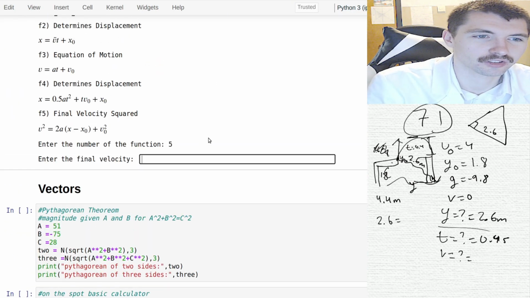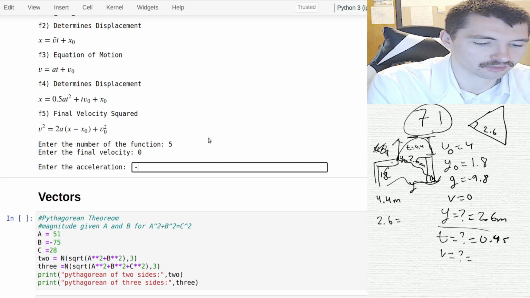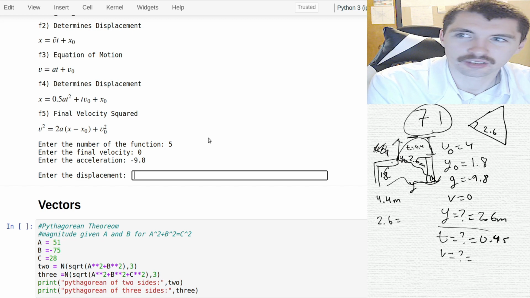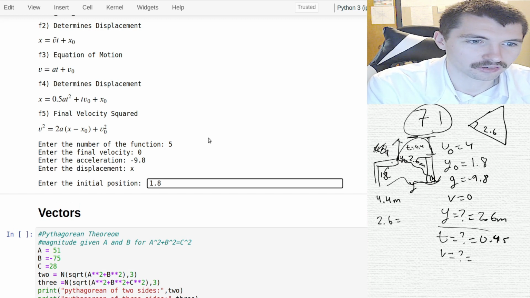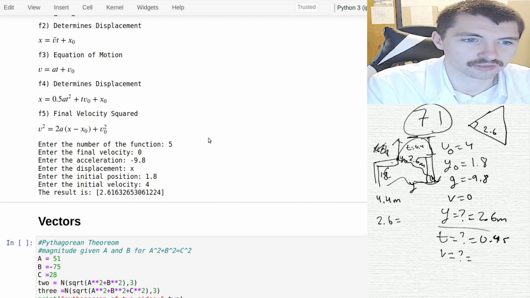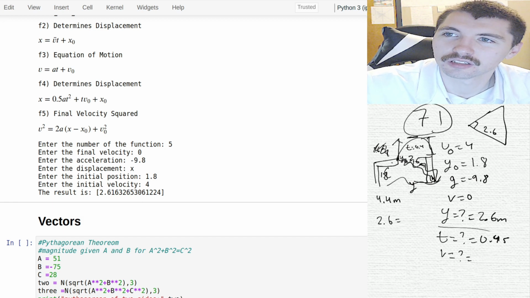All right, so let's try equation 5. Final velocity is 0, negative 9.8. Displacement is what we're trying to find. Initial position 1.8. Okay. So maybe really this is 2.6.